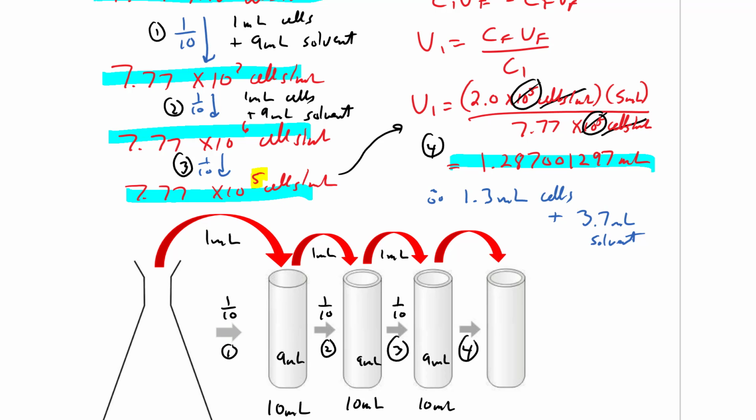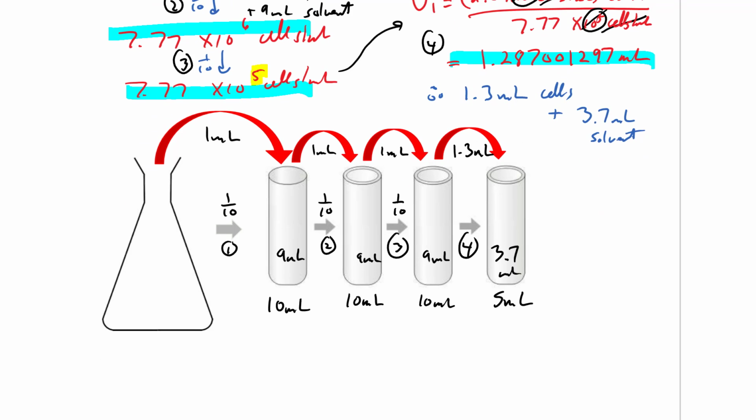So here we're going to take 1.3 mils of solution and add that to 3.7 mils to give me a total of 5 mils solution. I will mix this thoroughly, and if I've done this correctly, this will be 5 mils of a 2.0 times 10 to the 5 cells per mil solution.